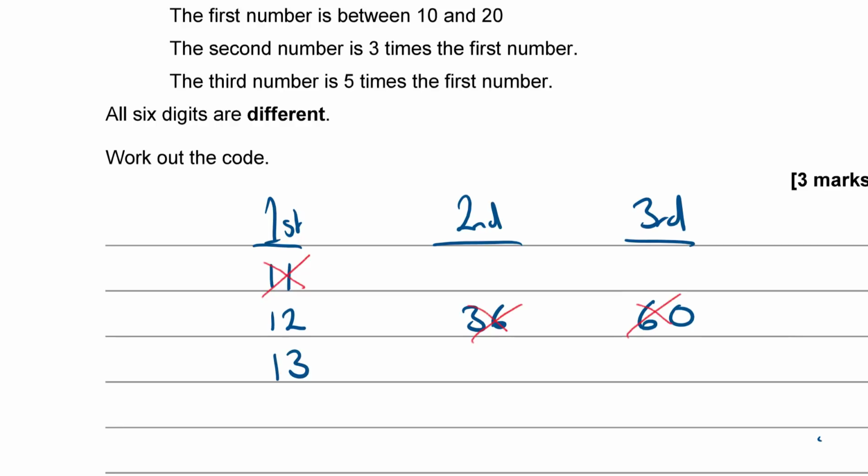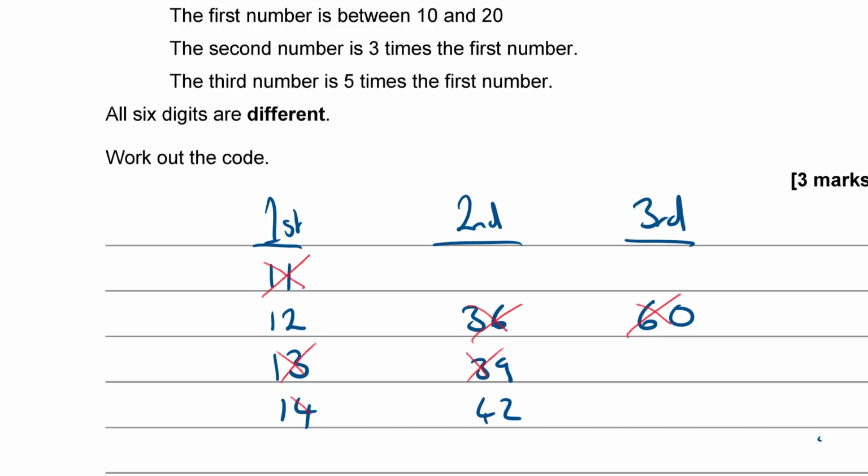Okay, so let's try the next one. 13. If the first number was 13, then the second number would be 3 times as much. 3 times 13 is 39. Again, no good. 3 and 3, so that isn't going to work. Let's try 14. 3 14s are 3 10s are 30, 3 4s are 12, so that's 42.